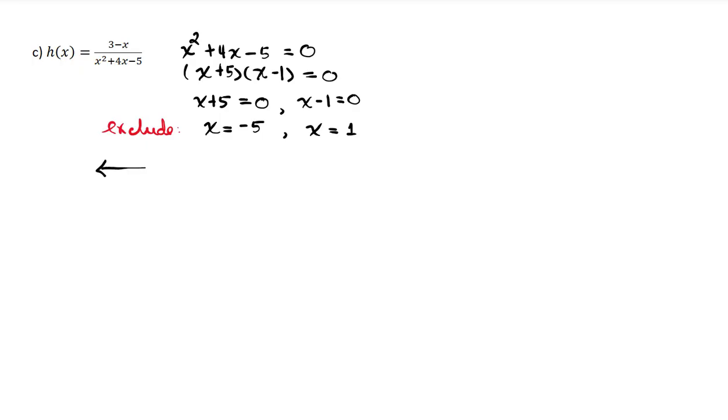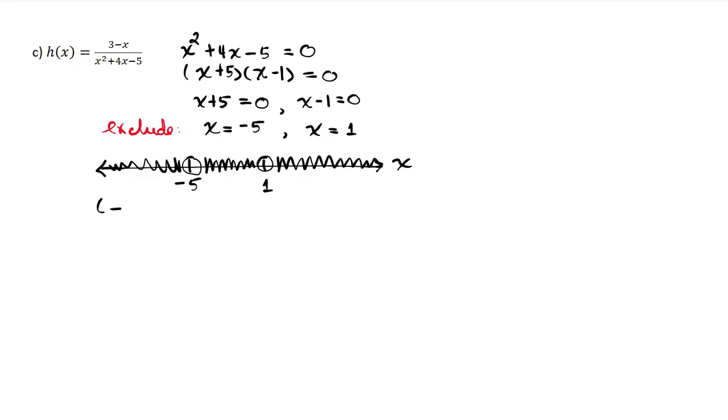Let's indicate this set on a number line. So we want to exclude -5 and 1. We want all the values to the left of -5, all the numbers in between -5 and 1, and all the numbers to the right of 1.